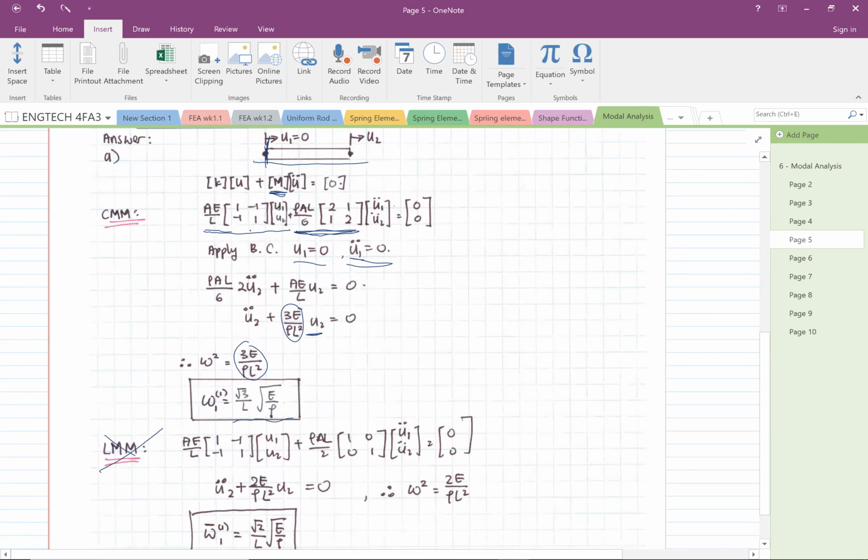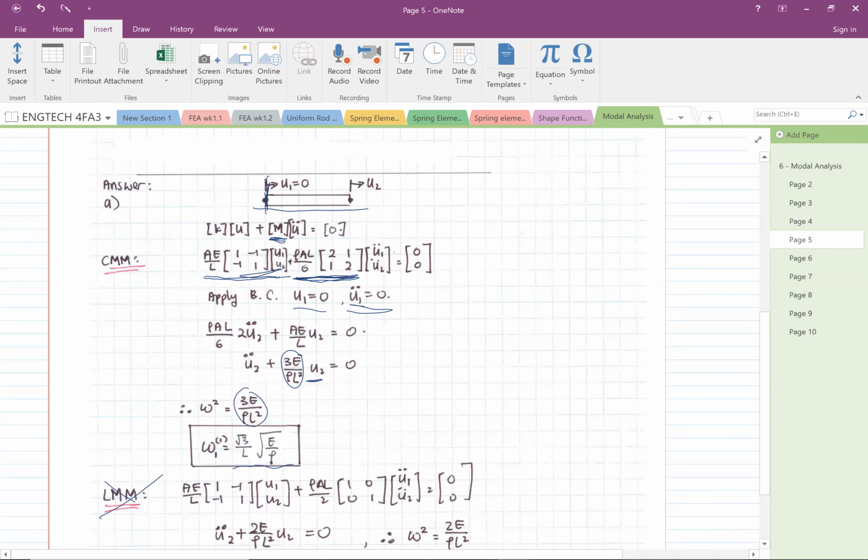The first term is not strange at all. We learned that a long time ago. This is a new term, the mass matrix. We use that from the previous page and apply the same equations, and then we apply the boundary conditions. U1 is fixed to the wall, so of course U1 is 0.